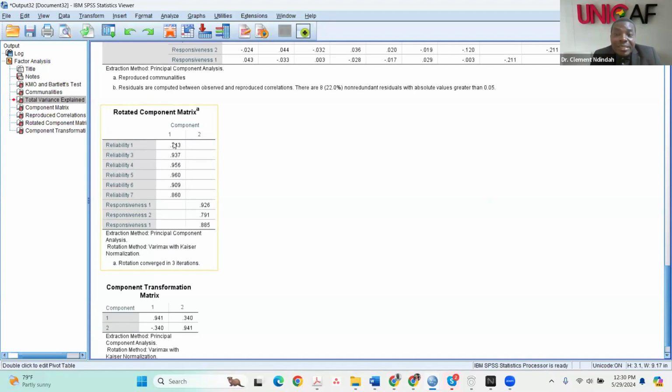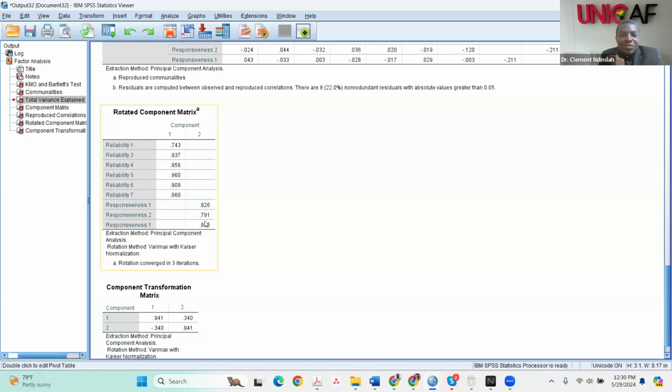Reliability is very important, and what this tells us is that these variables that we have here, which in our research instrument will be questions, are suitable for measuring reliability. So we'll put reliability, and then we'll ask these questions as far as reliability is concerned, and we know that it is going to measure reliability very well.